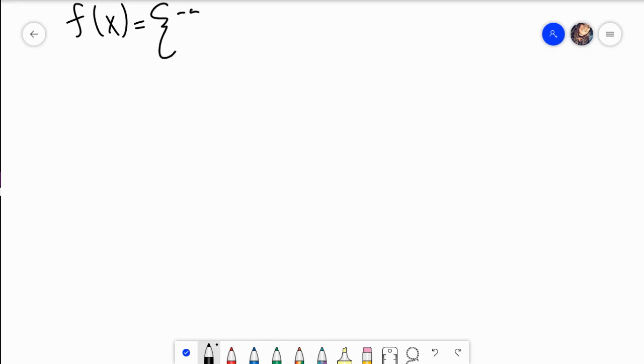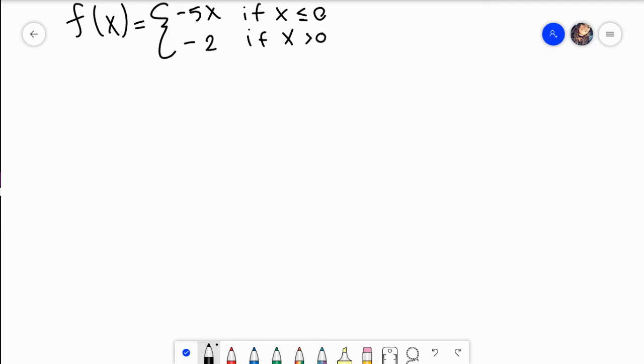We have a negative 5x. This is if x is less than or equal to 0. And then we have negative 2. This is if x is greater than 0. I'll write up top because I can't change pages.